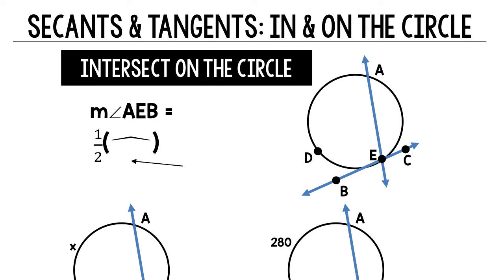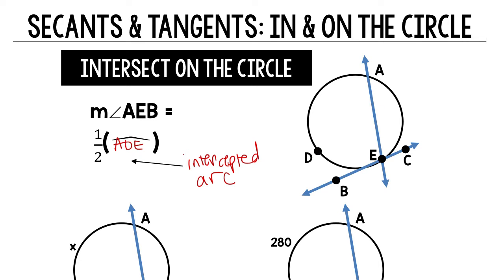It is equal to half the measure of arc ADE, which is known as the intercepted arc. So we intersect the arc at this point and this point, right?